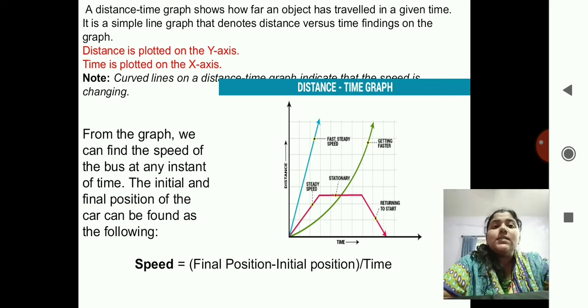A distance time graph shows how far an object has traveled in a given time. It is a simple line graph that denotes distance versus time. So why plot this graph? You have calculated the speed, then why plot this graph?